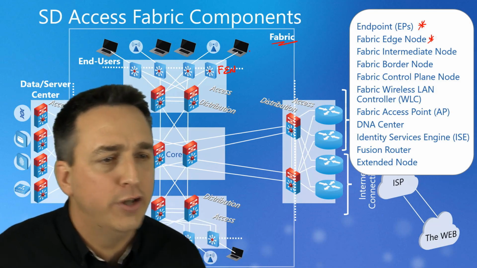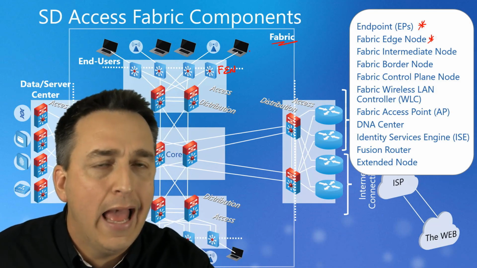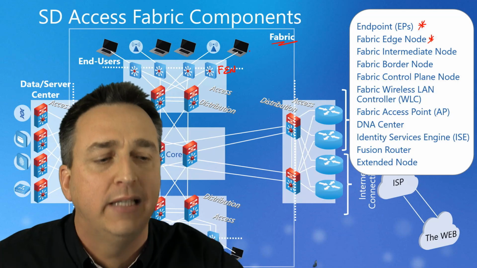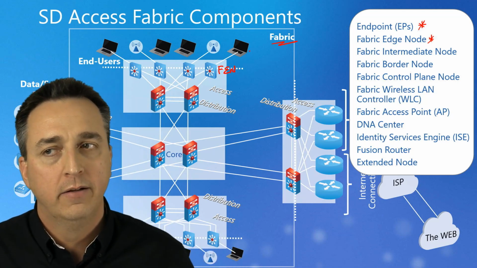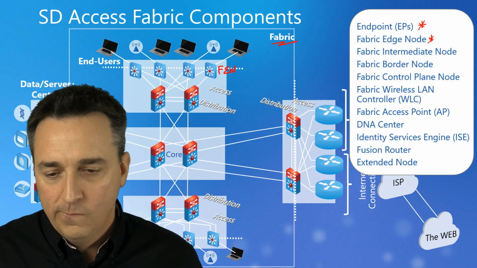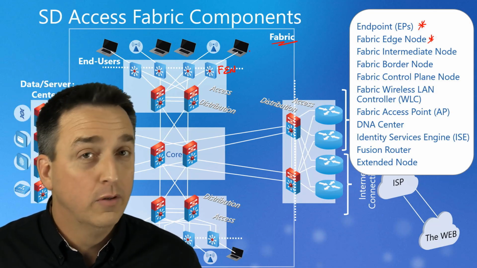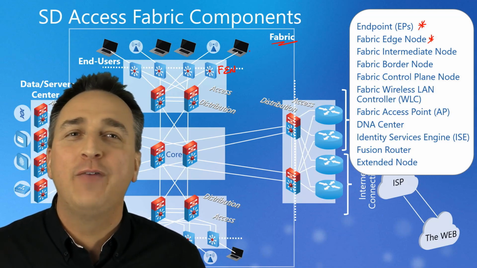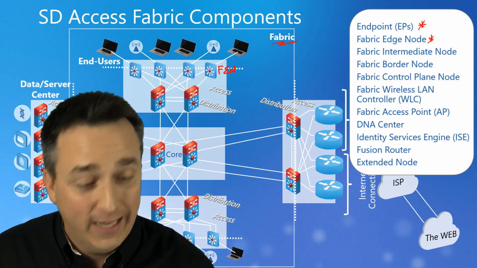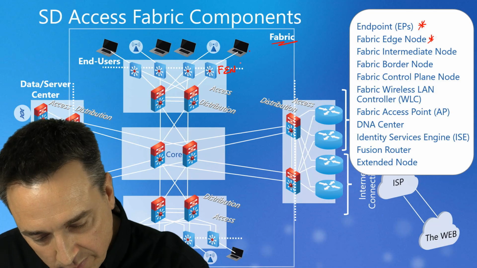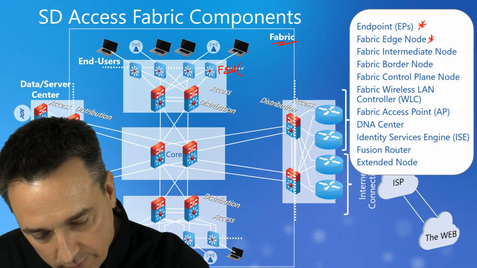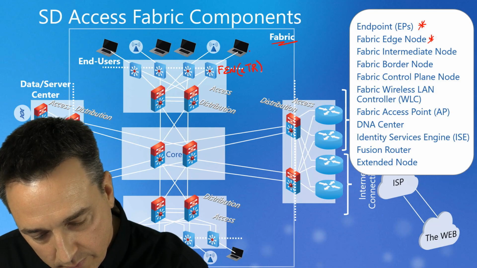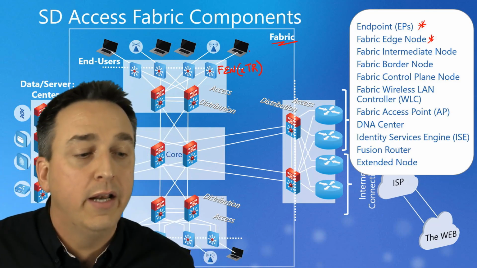So what does a Fabric Edge node do? Connect your endpoints to the SD Access fabric. So, in the world of LISP, folks, what do we call the Fabric Edge node? We call it an XTR.